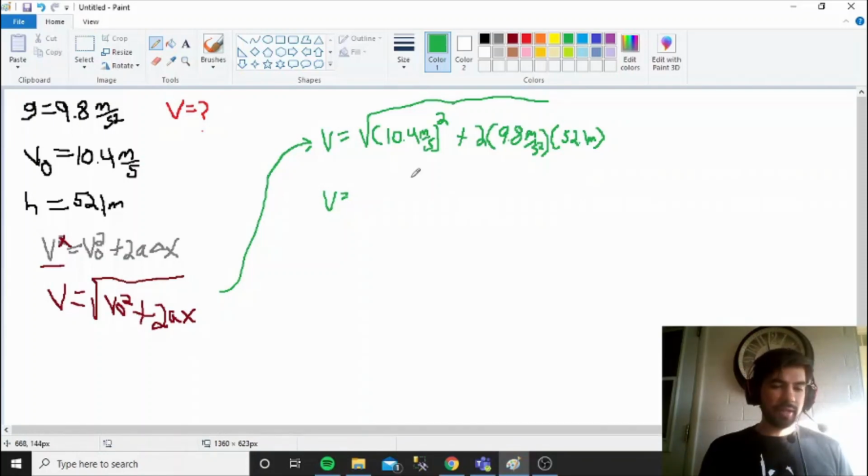And the reasonable answer seems to be 33.6 meters per second. I think that seems about right. So this would be our answer for part A.